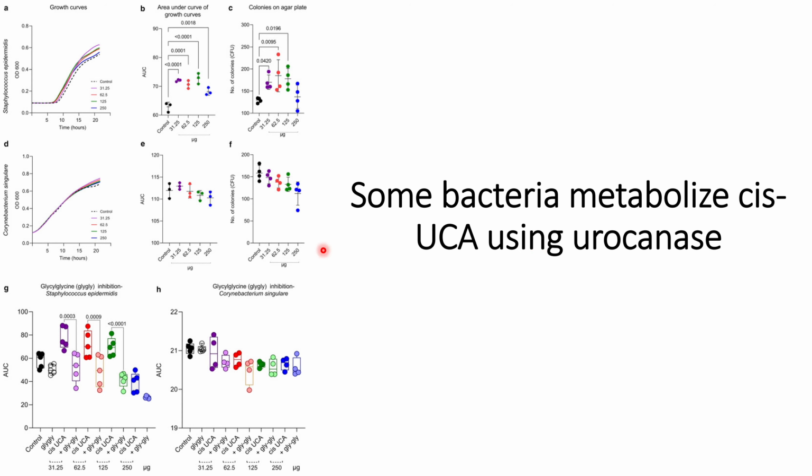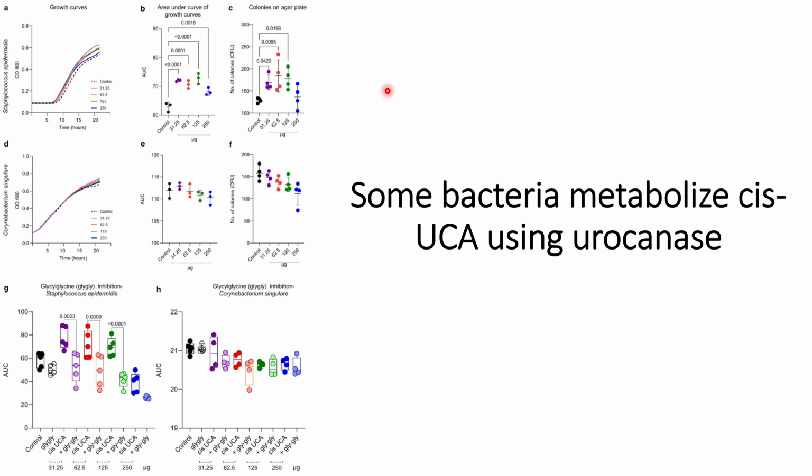So from the two different results, their hypothesis seems to be true, that cis-UCA metabolization using urocanase might be causing their upregulation, and thereby their proportion is high when they are treated with cis-UCA.